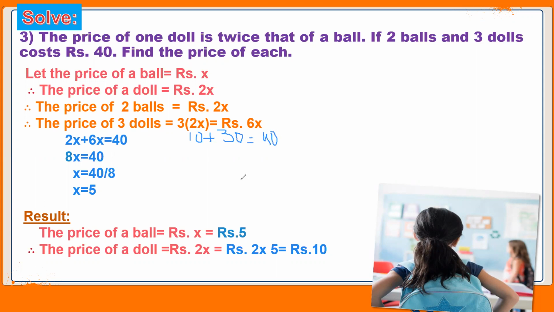If I put the value of x in this given equation, we get 30 plus 10, 40, is equal to 40. That means this is a true sentence. That means we have solved the correct answer. We get the correct result in the end.